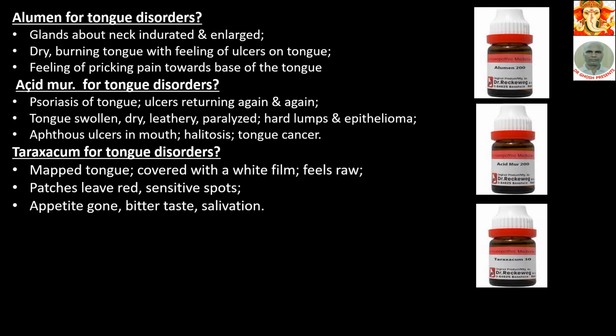Psoriasis of the tongue. Ulcer returning again and again. Tongue swollen, dry, leathery, paralyzed. Hard lumps and epithelioma. Epithelioma is another type of tumor. Aphthous ulcers in the mouth. Halitosis, tongue cancer. Halitosis, you know, is bad breath.